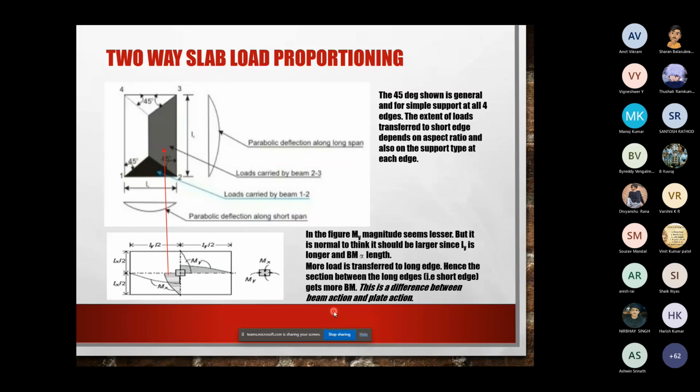Okay, the bending of the slab, which is a two-dimensional element, bending of a two-way slab rather, falls under something known as plate action. And this is a key difference, where under a uniformly distributed load, and if all the supports are the same, you will have more bending moment along the shorter direction than along the longer direction. Okay, so this is a key difference. You have to remember that.